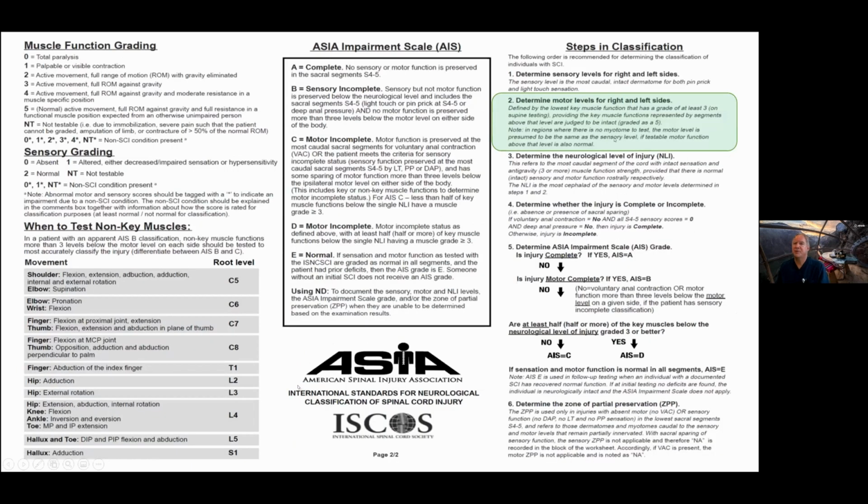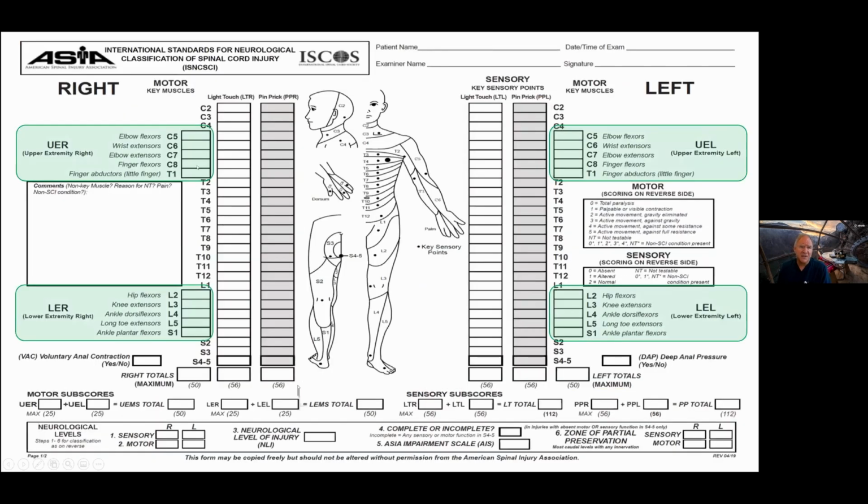Then you're going to determine the motor levels for the right and the left side, keeping in mind that you can have a total of 25 on the upper, a total of 25 on the lower, for a score of 50 for your total motor score on the right, and 25, 25, 50 for your total motor score on the left. So if you add those all up, you could have a total motor score of 100 if the person is completely intact.